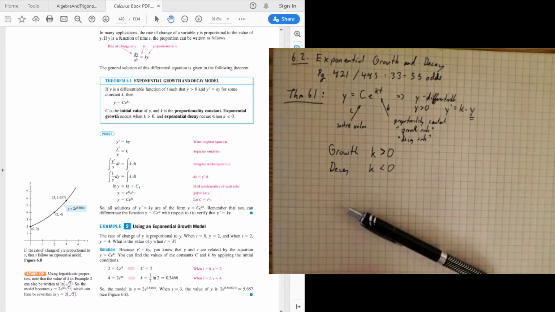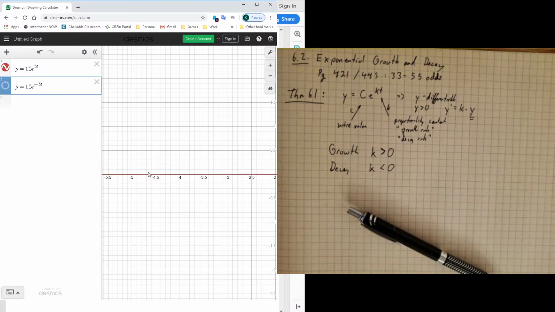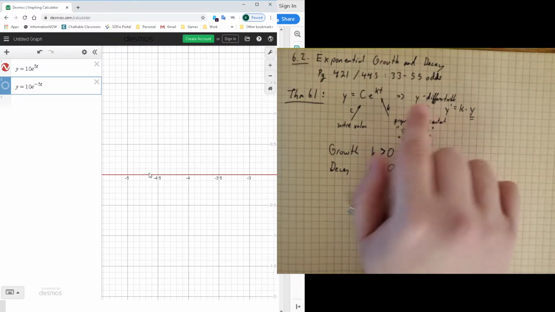We can see this by looking at a very simple example using something like Desmos. Here I have Desmos available, so you can see how these two equations look very similar. The first equation is the one done here in red. You can call this exponential growth because as time goes on, this function starts off very tiny, but definitely still positive, which is one of the requirements, that y has to always be positive.